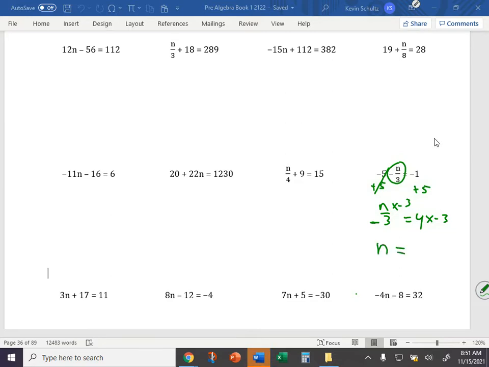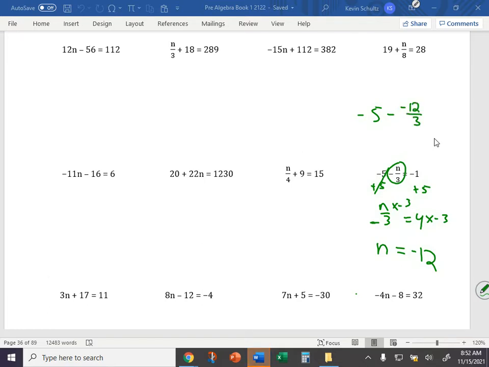That's going to give us n by itself, and 4 times -3 is a -12. Okay? If we did everything right, this should check out. -5 minus -12 divided by 3.